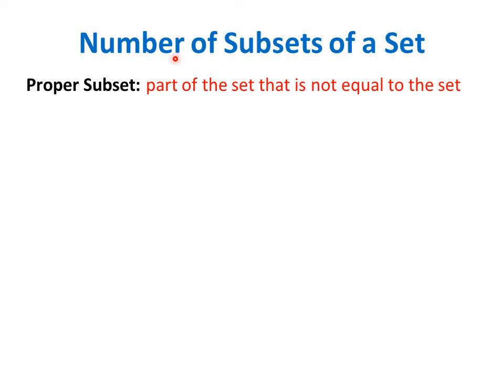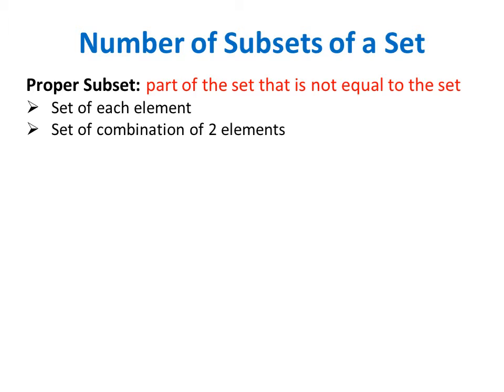Now how do we get the number of subsets of a set? First, let's consider the types of subsets. The first type is the proper subset. The proper subset is part of the set that is not equal to the set. So what are the possible proper subsets? First is the set of each element.